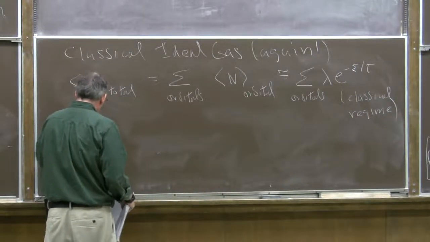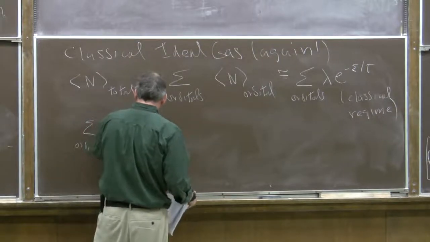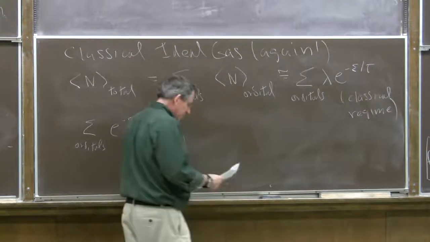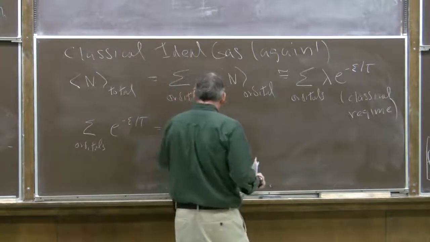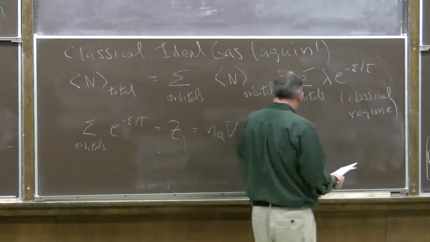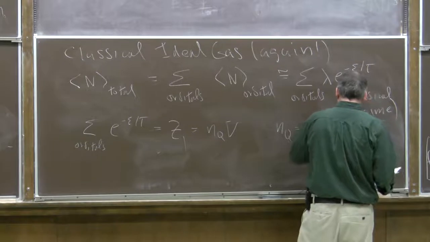And I'll just remind you what we found. We called it Z1, the partition function for the single molecule gas. It was equal to the volume times the quantum concentration. That's how the quantum concentration came into our lives, and it's been haunting us ever since.